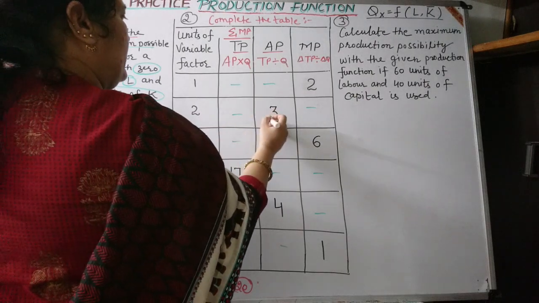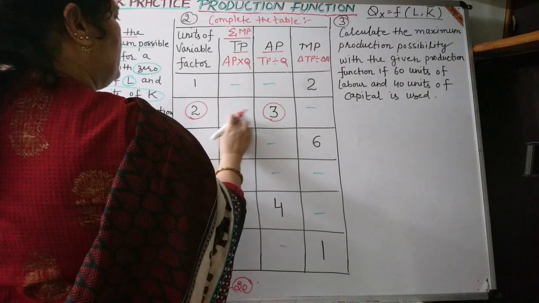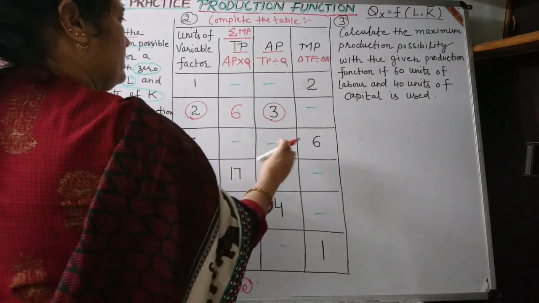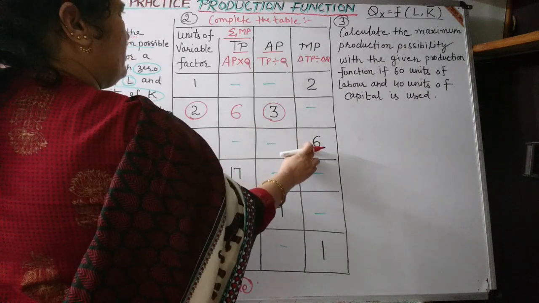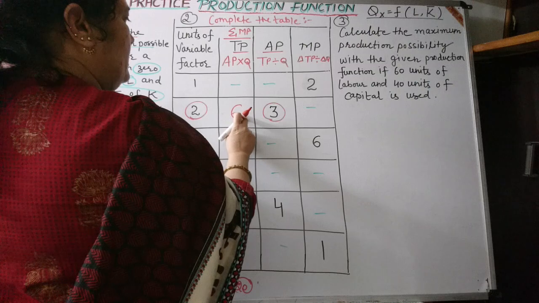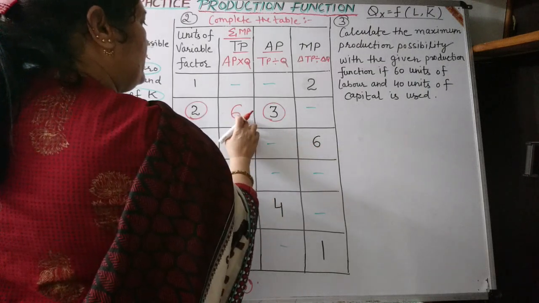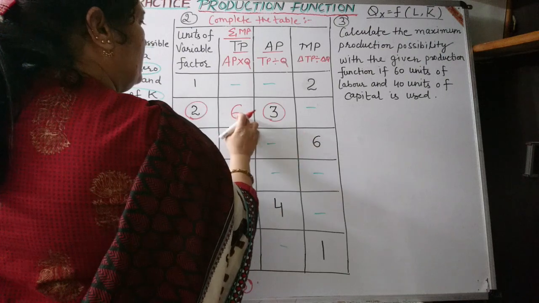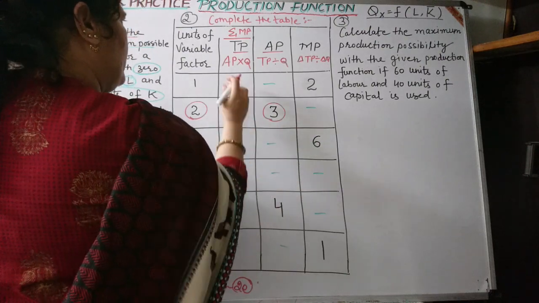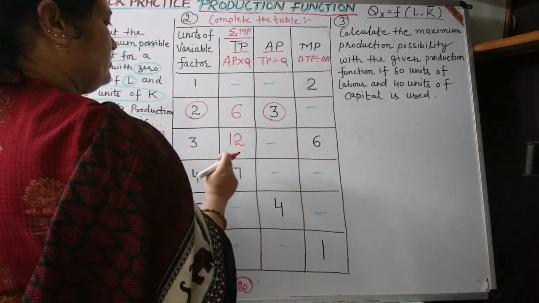First of all, AP is given. AP multiplied by quantity is equal to TP. That would be 6, 3 multiplied by 2. Here MP is given. So sigma MP, if we add 6 plus 6, if we add up both the values, then we get total production 12.